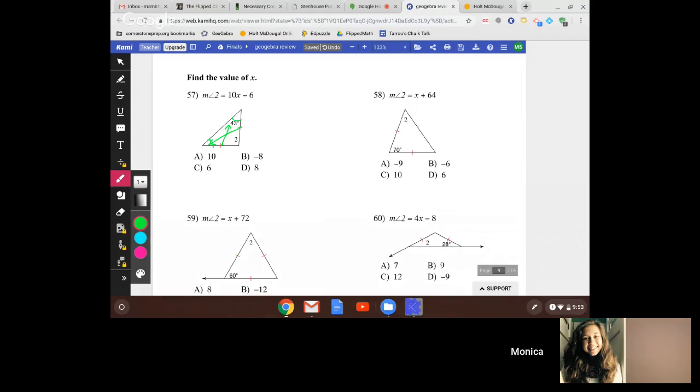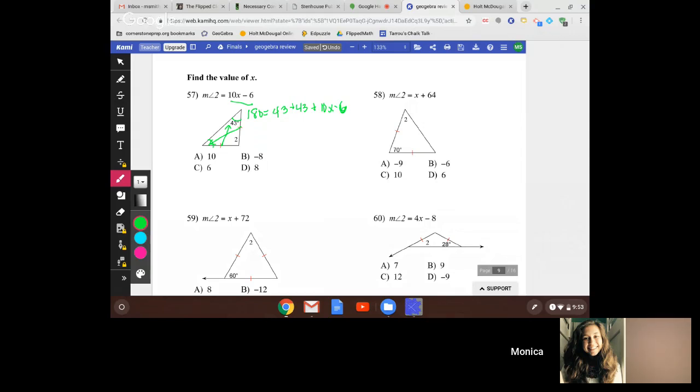Now, they give us a measure up here for a measure of angle 2, all right? So what we can do is we say, well, we know the interior angles of a triangle add up to be 180. So we're going to say 180 equals 43 plus 43 plus 10x minus 6.